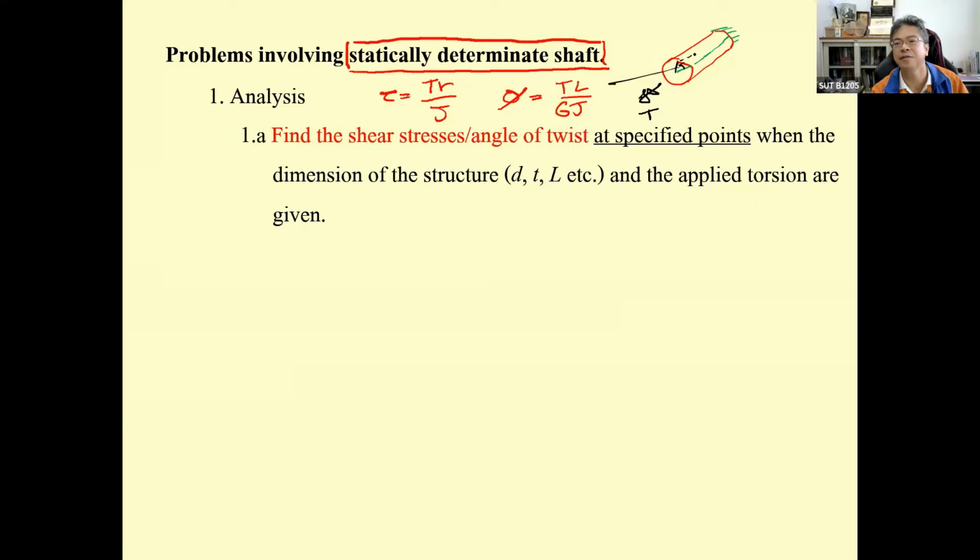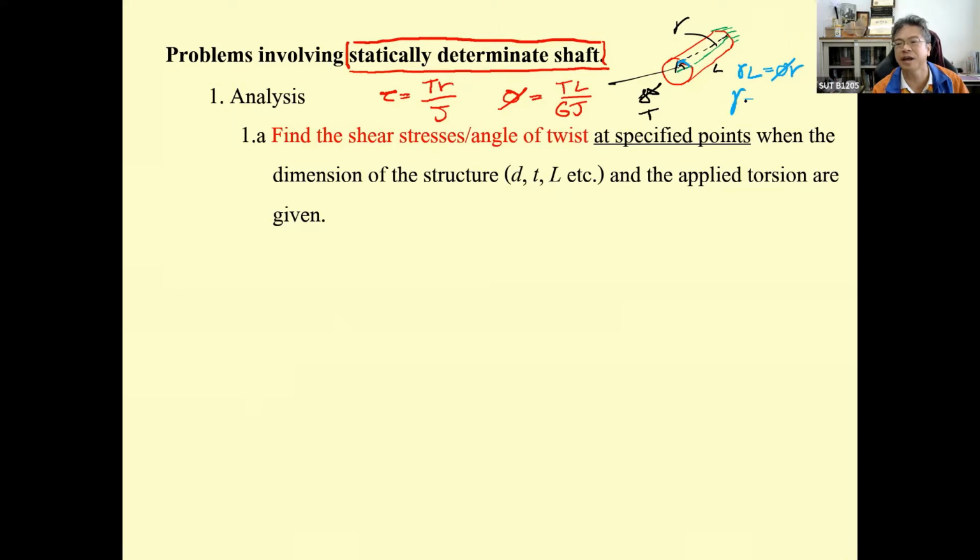And if you project the line from this end to the fixed end, this one is going to be the strain, and this is going to be the radius. And by considering the displacement that occurs here, you will get the shear strain times L is equal to the angle of twist times R.